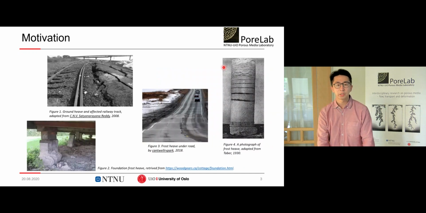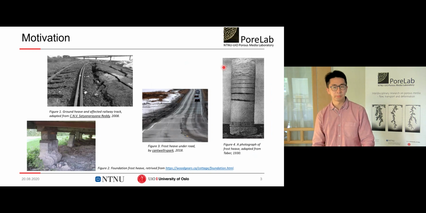As we already know, soil freezing can be associated with some destructive phenomena. We call it frost heave, and it may significantly damage our infrastructure like railways or roads and our houses.